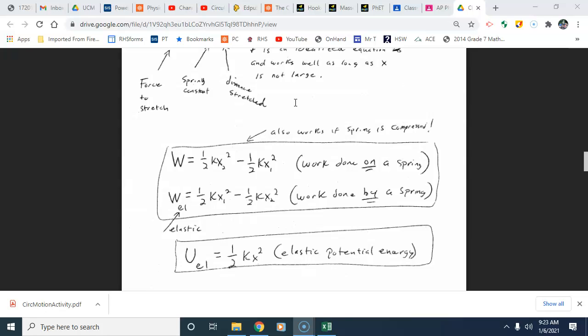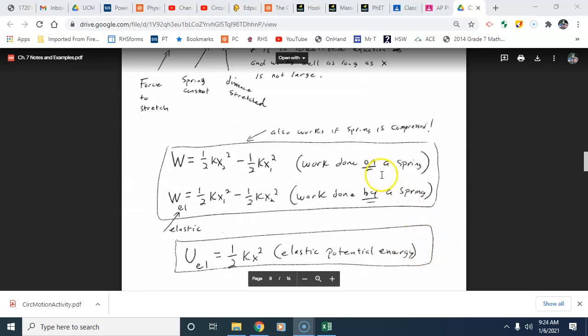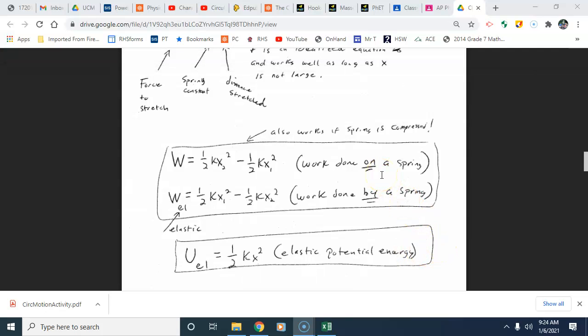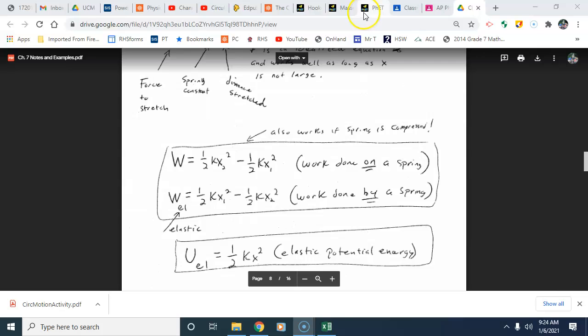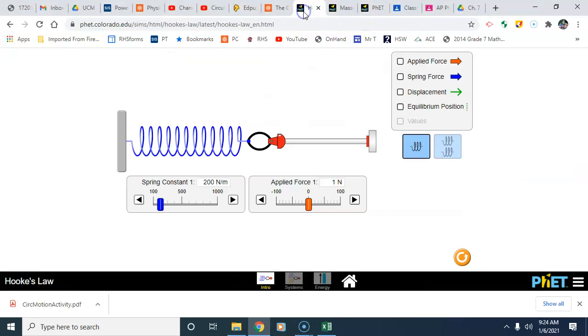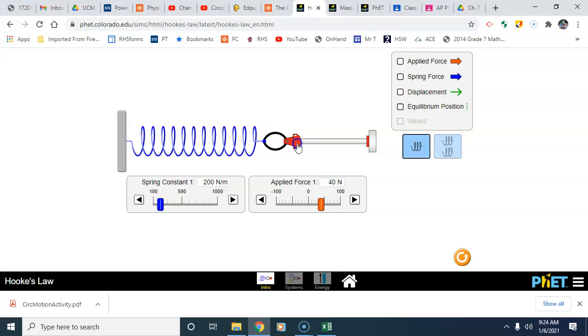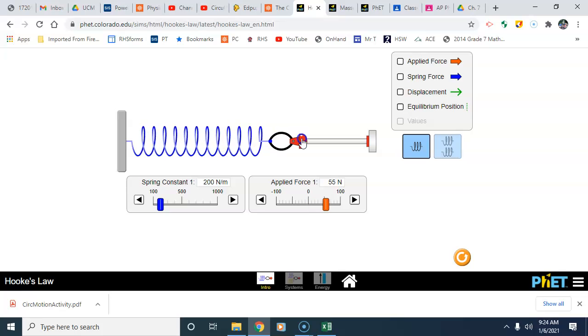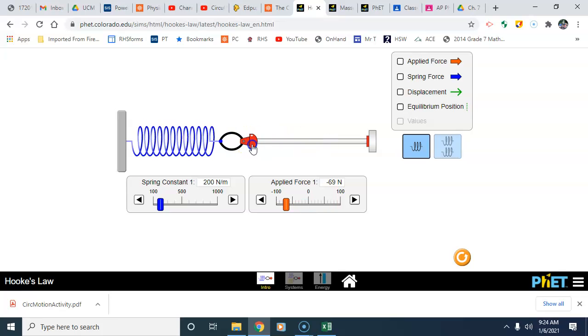So basically that means there's two ways to look at the formulas for work in springs. If we want the work done on a spring, by literally the force grabbing it, I'm going to flip over to my simulation you saw once before. I can move this rod that's attached to the spring. This rod that I'm pulling on with this little hand is stretching and compressing the spring, right?